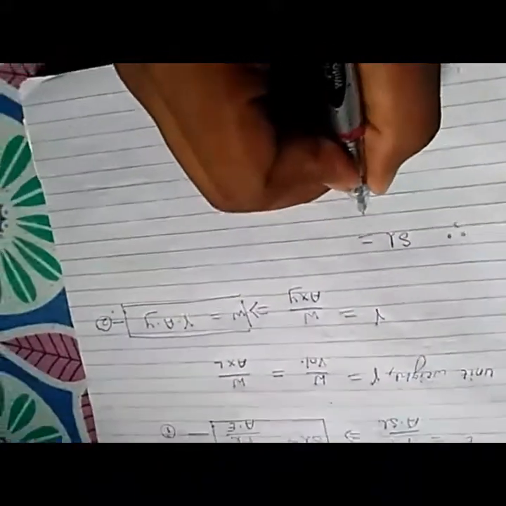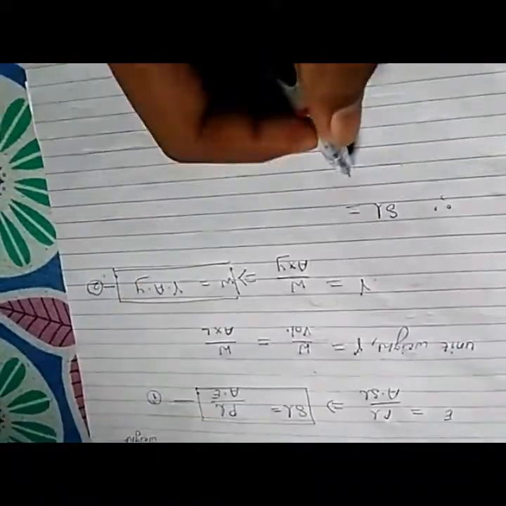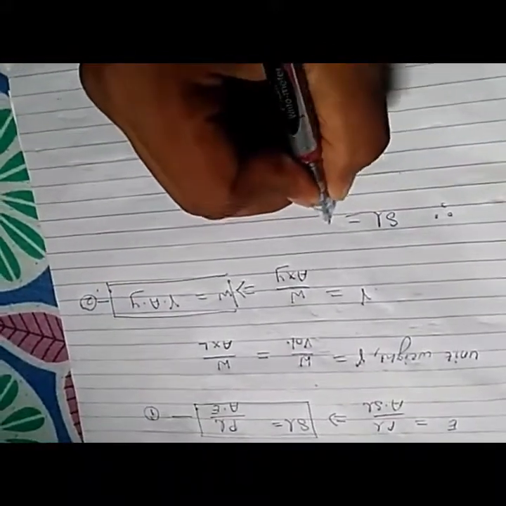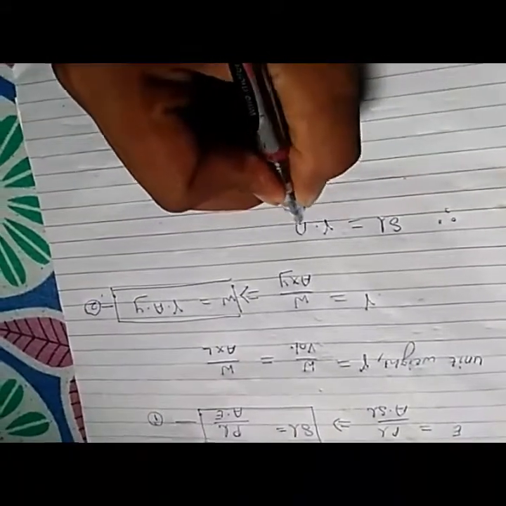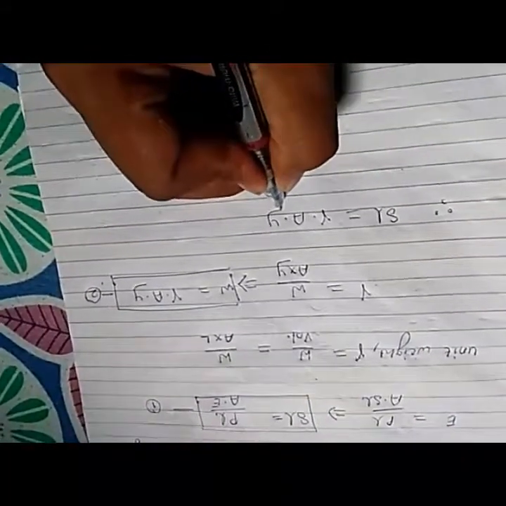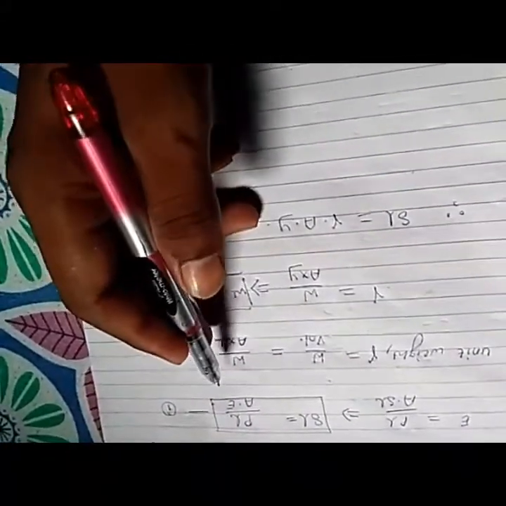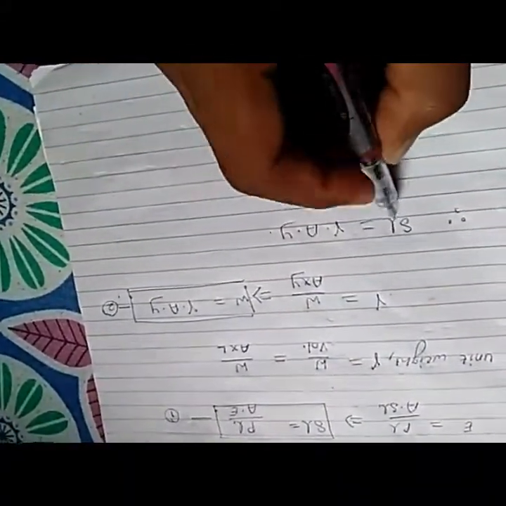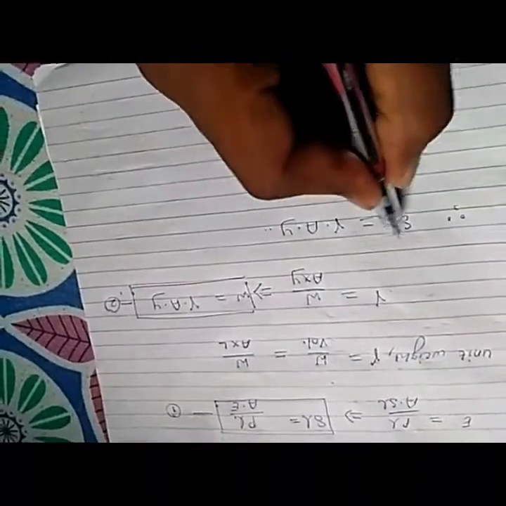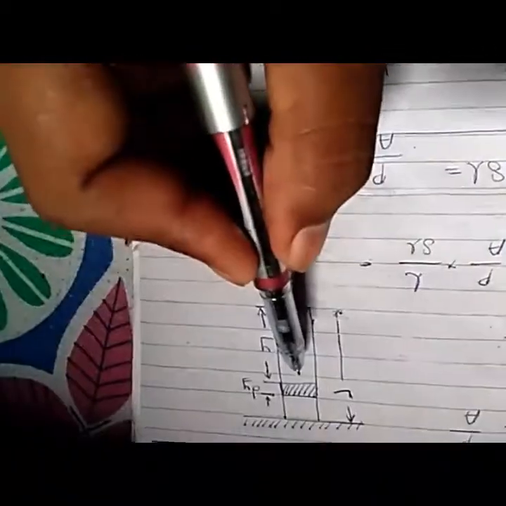Now putting the value of W into P, we get delta L is equal to gamma A into Y into length. Here we are talking about the change in length of this strip.